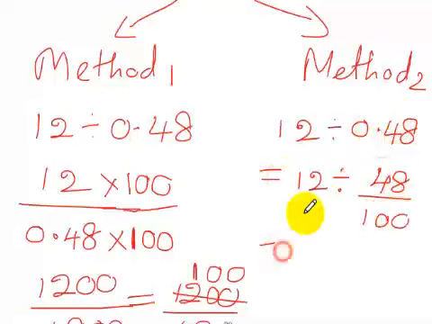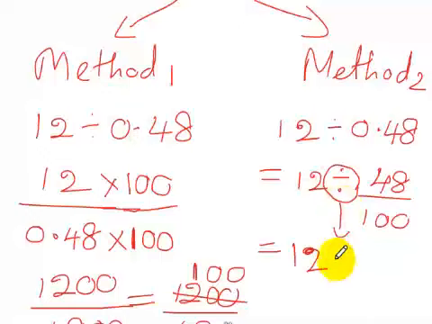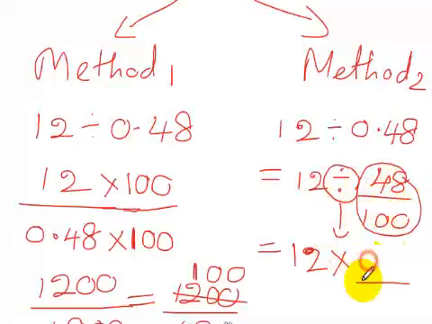Now it is a whole number divided by a fraction. You should convert the division to multiplication, then take the reciprocal of this part. So what is the reciprocal of 48 over 100? It is 100 over 48.